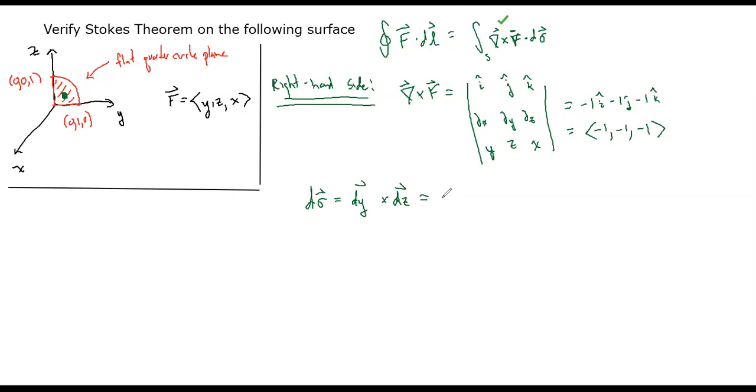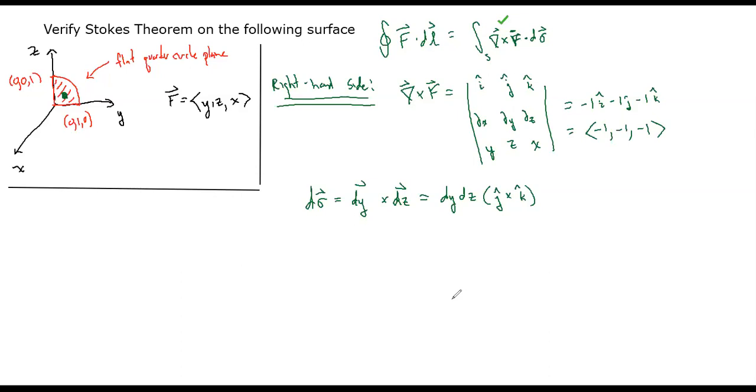Okay, so this is dy times dz and then j hat cross k hat. What is j hat cross k hat? Start with the fingers of my right hand in the direction of j hat, curl them towards k hat.